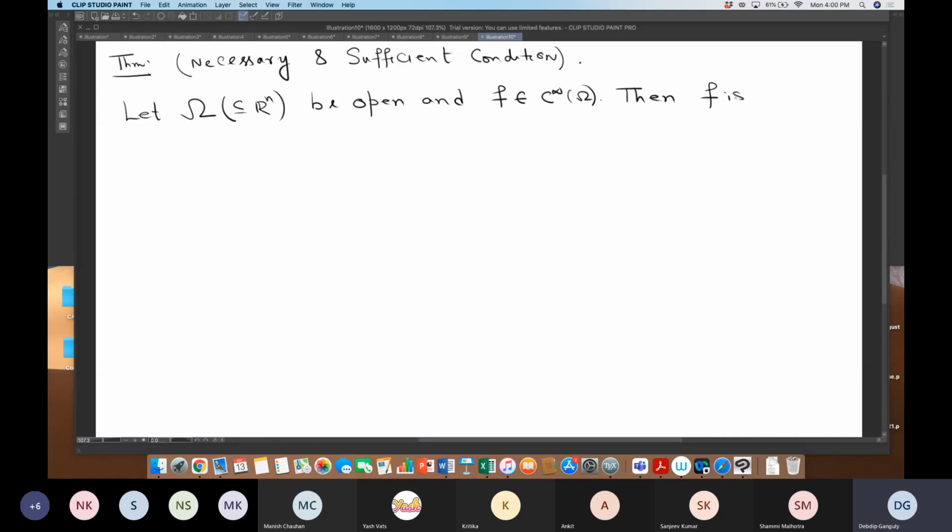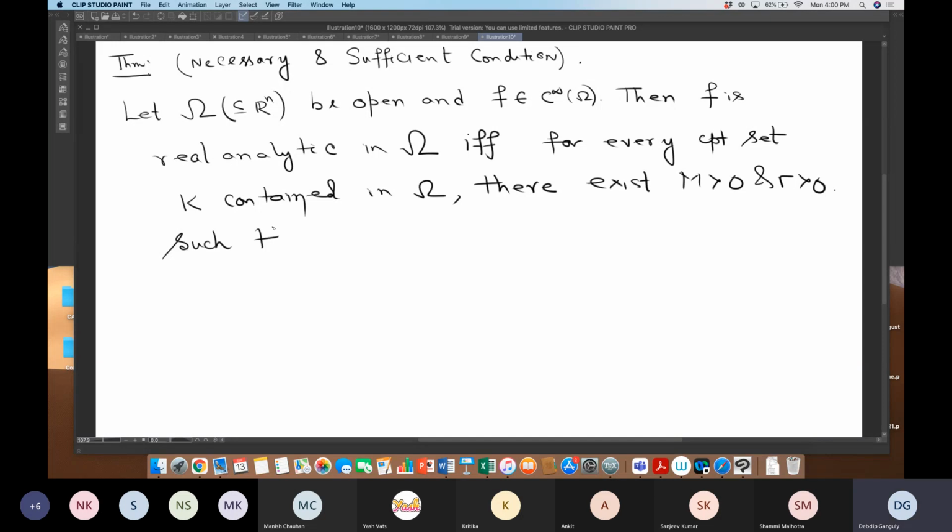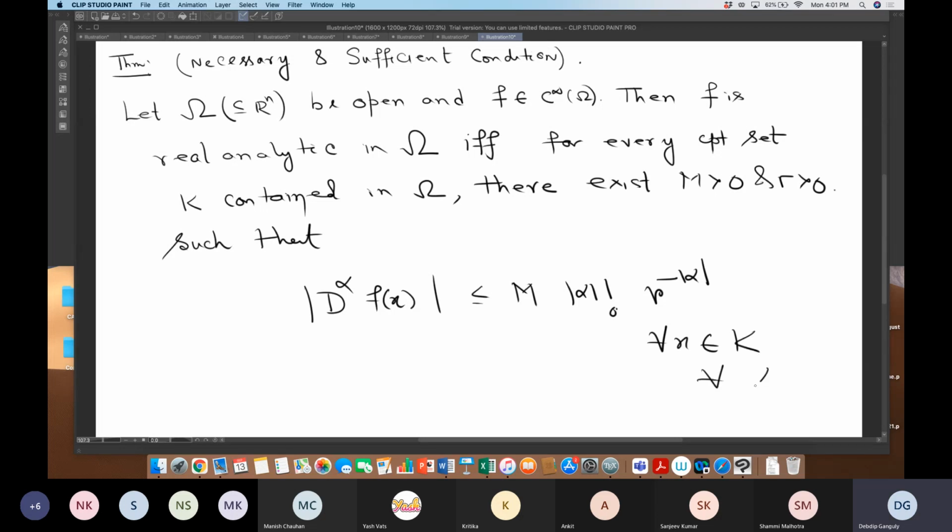Then f is real analytic in omega, it's a beautiful characterization, if and only if for every compact set K contained in omega, there exist M positive and R positive such that mod d alpha f(x) is less than or equal to M times alpha factorial times R to the power minus mod alpha, for all x belonging to the compact set, for all alpha.